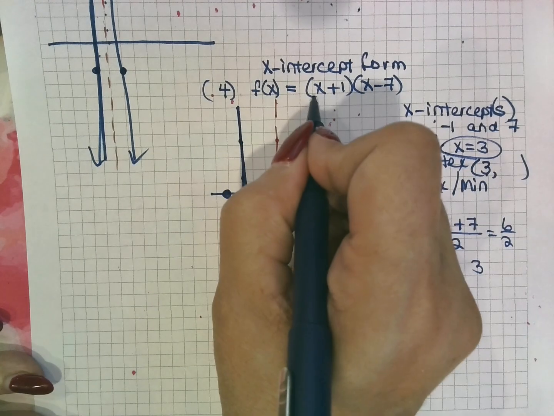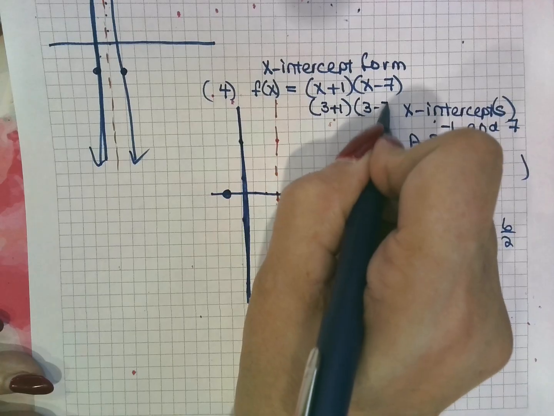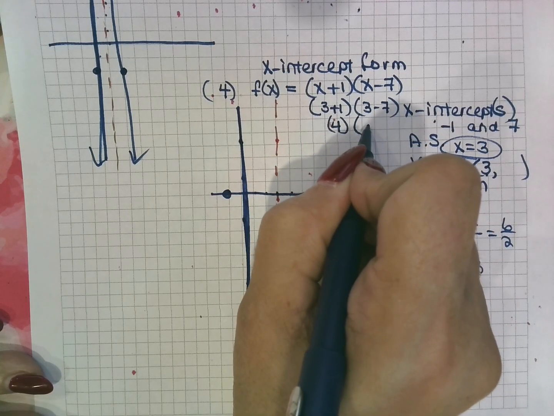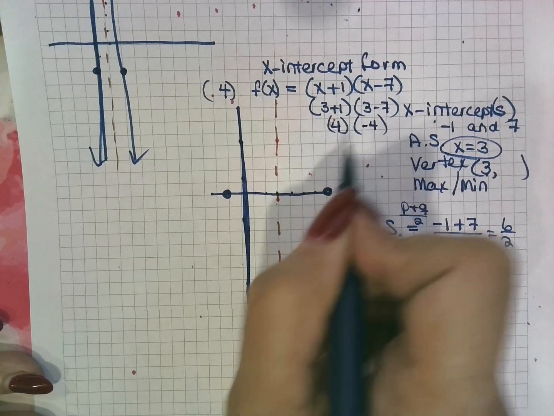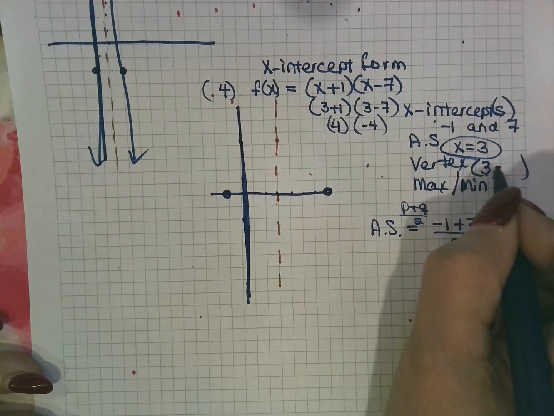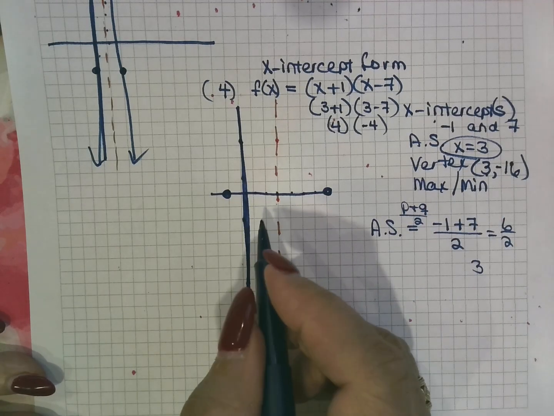We're going to plug in a 3. This will be 3 plus 1 and 3 minus 7. 3 plus 1 is 4, and 3 minus 7 is -4, and 4 times -4 is -16. Wow. Okay.